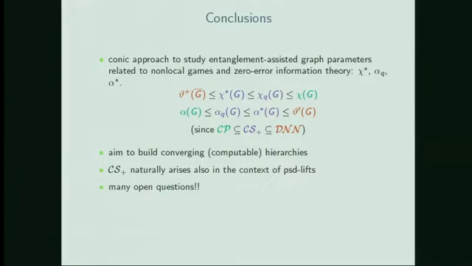So there is a series of parameters we are looking at, 4 different parameters. If you see a Q, it's because we're looking at non-local games. If you see a star, we are talking about zero-error information theory. Just because of the relationship between the cones and playing with the optimization programs, we get these bounds between the parameters, and these are the best known bounds.